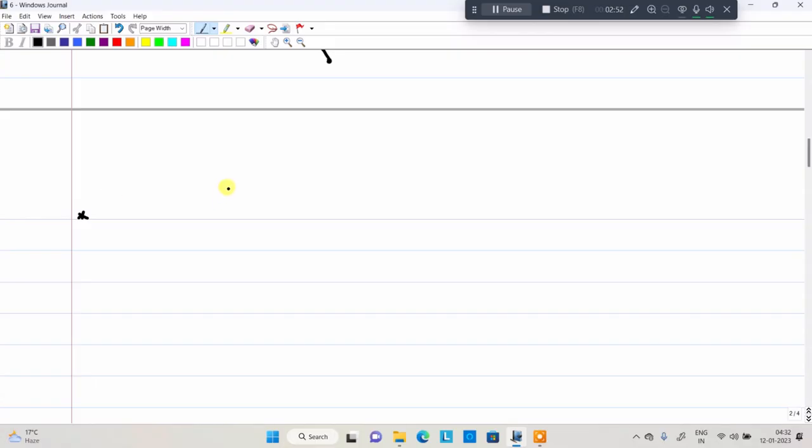If the pointer goes to the low resistance side, that means the capacitor is charging. Whenever the capacitor is charging, the pointer goes to the low resistance side.